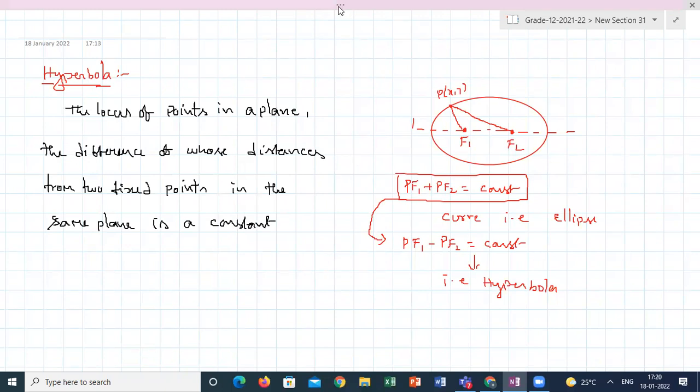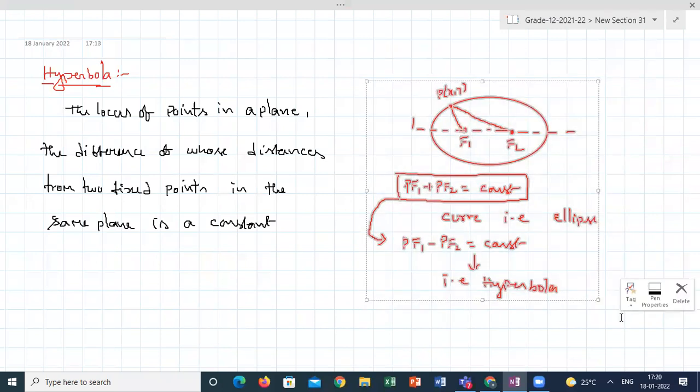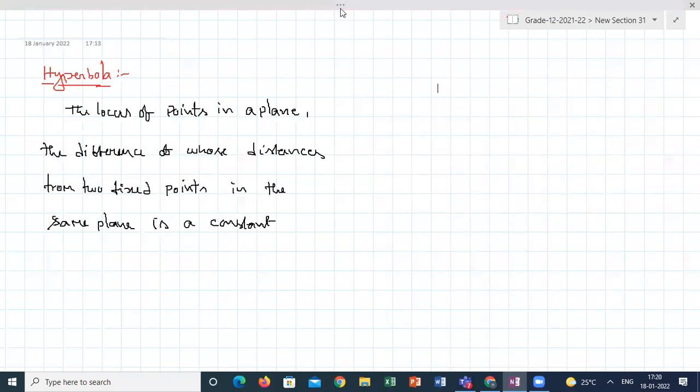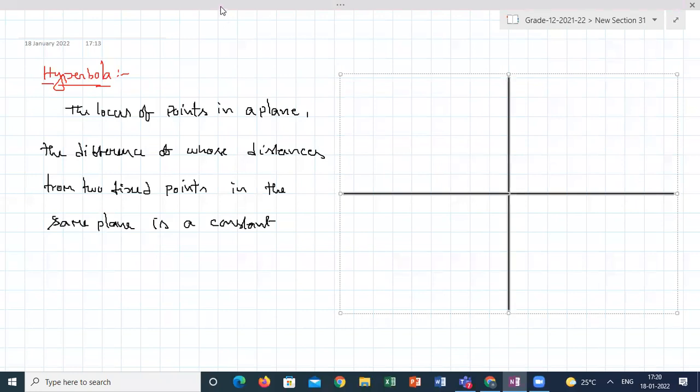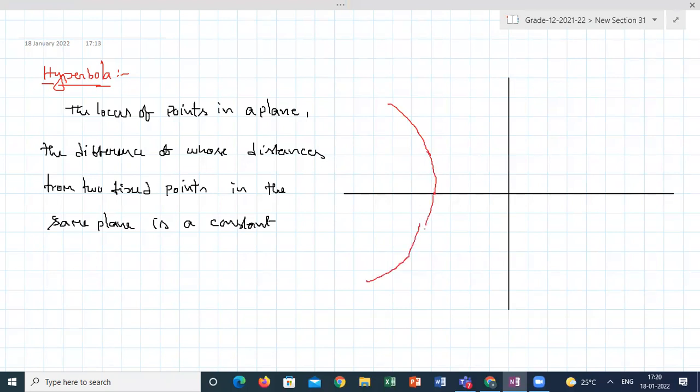So with respect to this, I will get a diagram like this. If I'm tracing all the points like that, I'm getting two symmetric curves like this, two distinct symmetric curves.